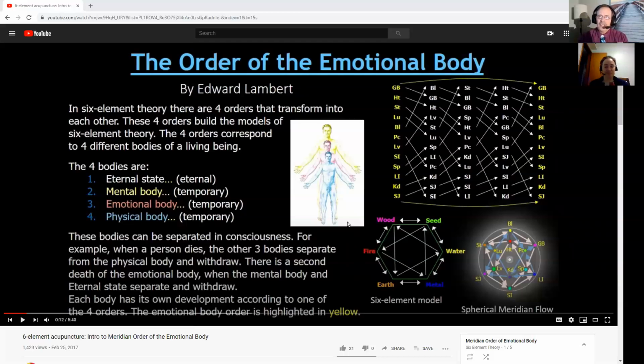So remember that these four orders, the spherical pattern, vibrates in four bodies. So that corresponds to the four transitional states of the buckyball molecule.